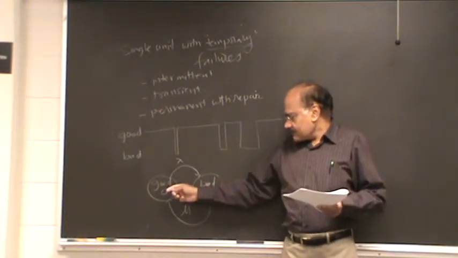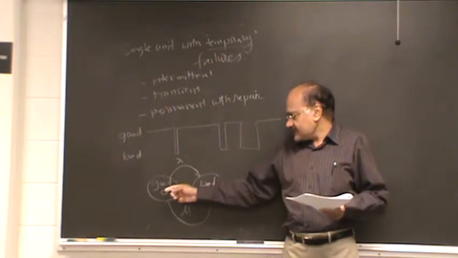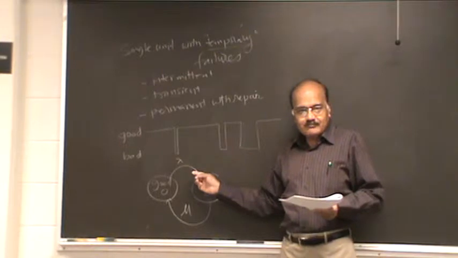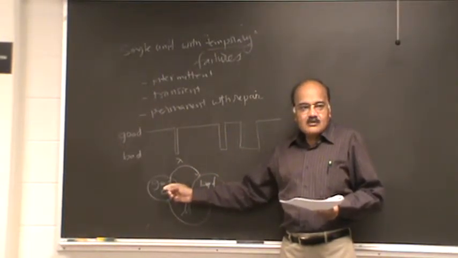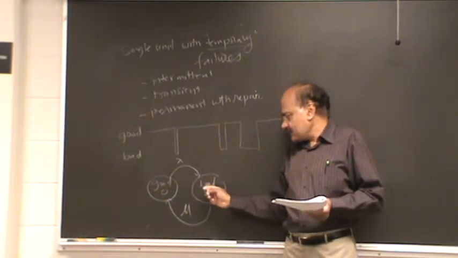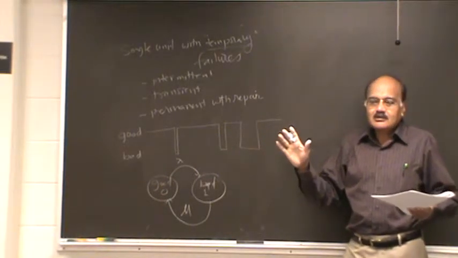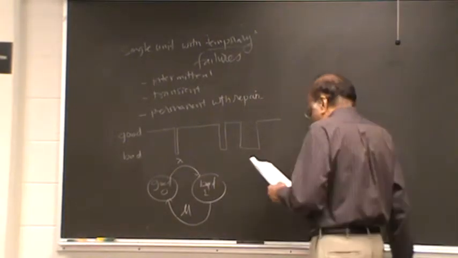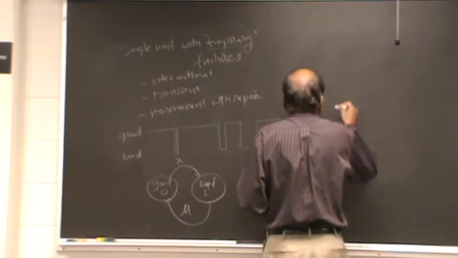If the system is here, there's a certain probability that in time delta t it is going to be here, but it does not matter how long you have been here or how long you had been here before, none of that matters. The process is memoryless. And we can describe this by a pair of differential equations.